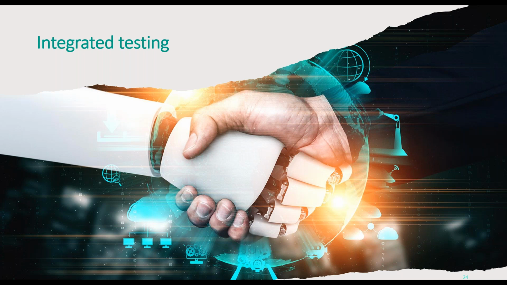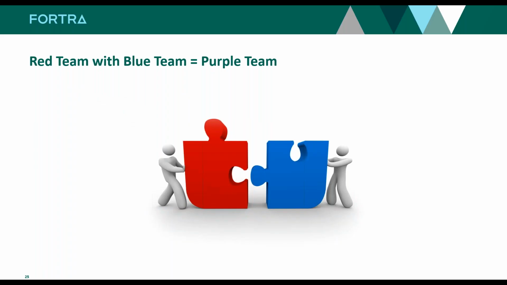So we've talked about who the pen testers are. We've talked about that they're referred to as ethical hackers, that they could be internal or third party. What I haven't mentioned, and I'm sure you've been waiting for, is the red team, blue team, and now one of the newer terms, purple teams.